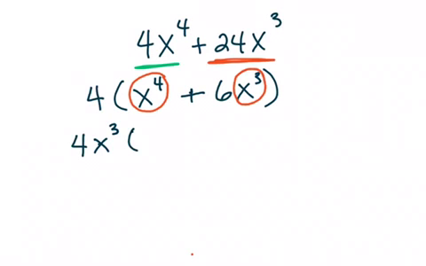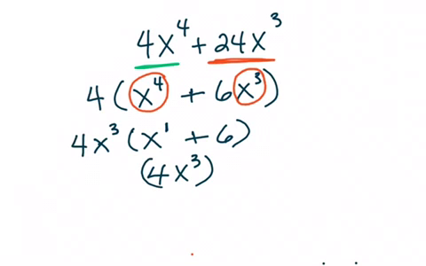If I take an x to the 3rd out of x to the 4th, I have x to the 1 left, because 3 plus 1 is 4. Plus, if I take an x to the 3rd out of this term, what do I have left? 6. So my answer to this problem is 4x to the 3rd and x plus 6. They are the actual answers to those two problems.